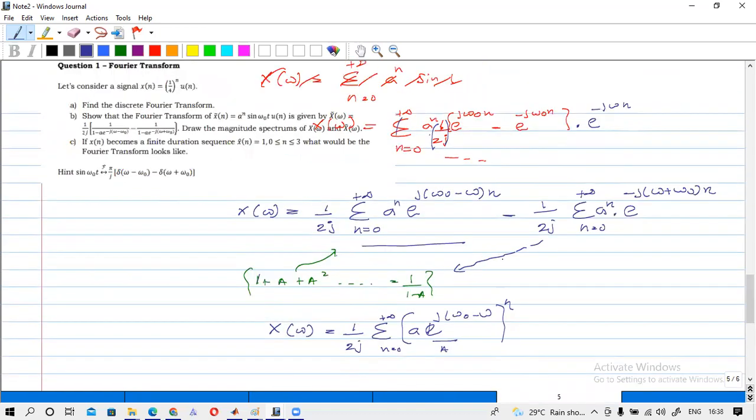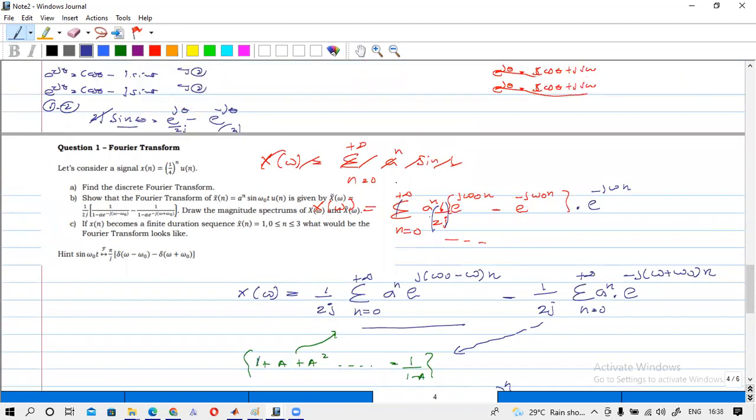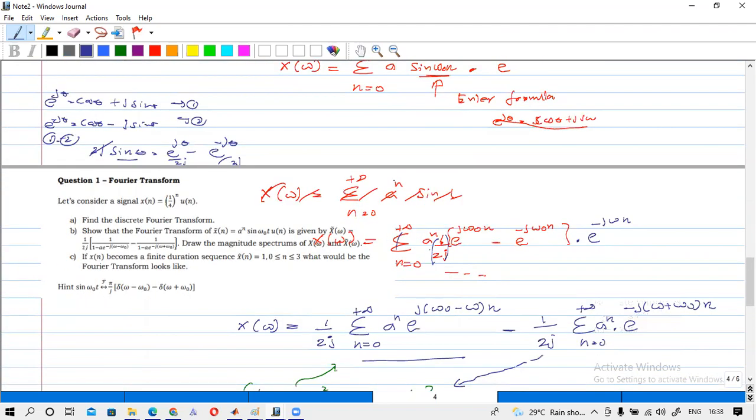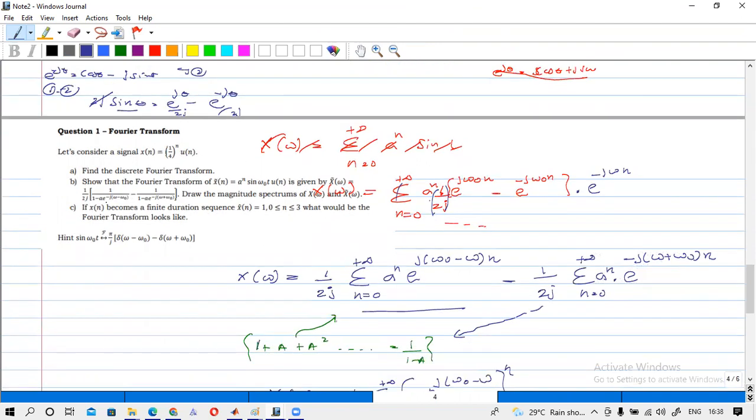So is it okay? You can see 1 minus j omega naught, here minus. So I think we have changed. Here it is minus, and here also it is minus, no?